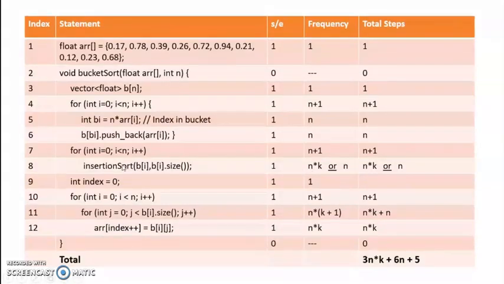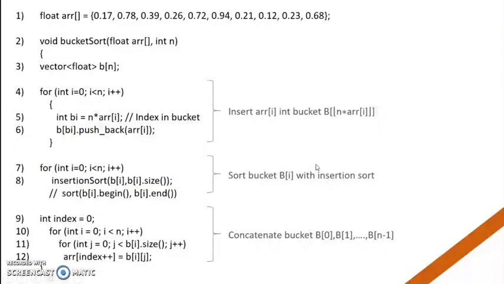And if we are using just this sort statement which is inbuilt for the vector implementation of the bucket, then we do not need any extra loop or any extra statements. So we can sort this bucket in just one step. This one step will execute for n times, so its complexity will be n.